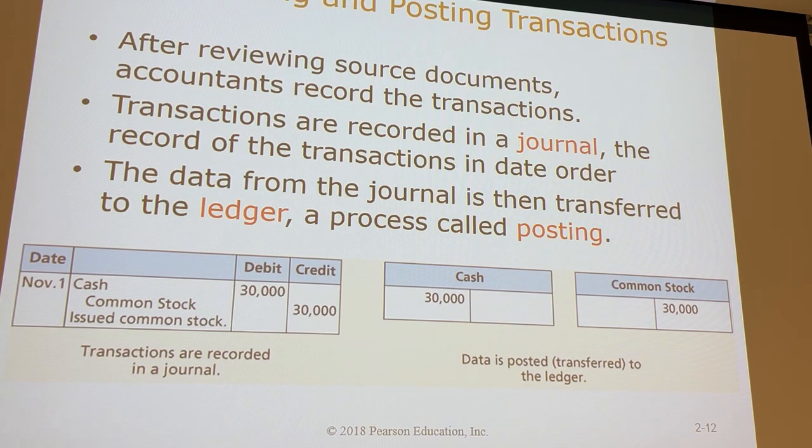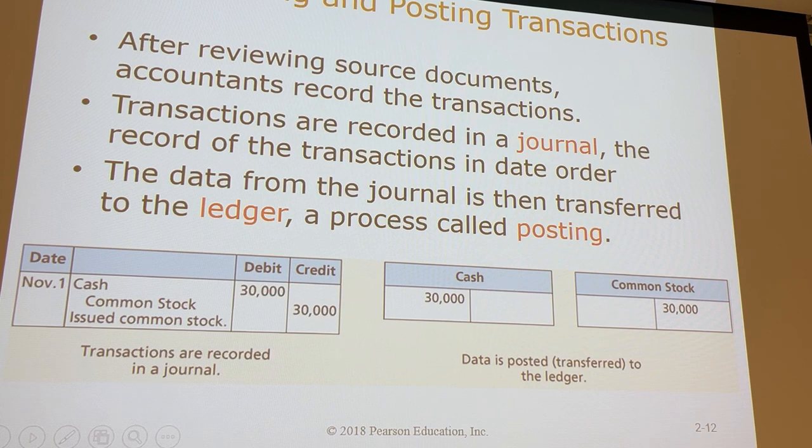So if we were posting this transaction to the ledger, we would find the page in our ledger book that is for the cash account. And there, as you can see in the example here, we would put a $30,000 entry on the debit side for the cash account. Then we would find the page in the book that is for the common stock account, and there we would put a $30,000 entry on the credit side to show that common stock was going down.